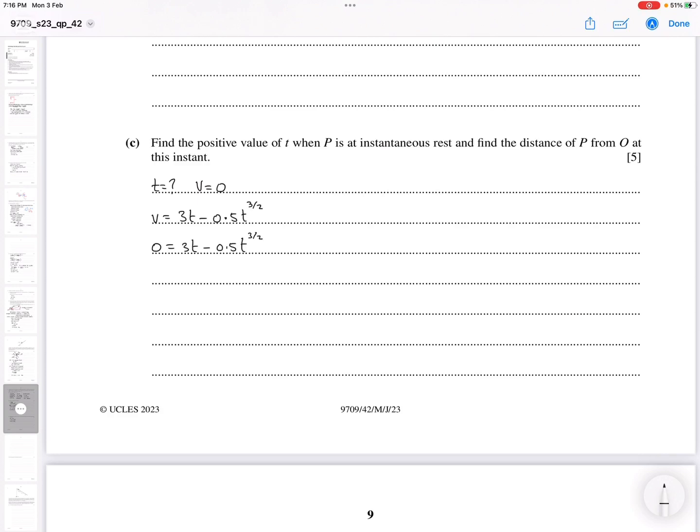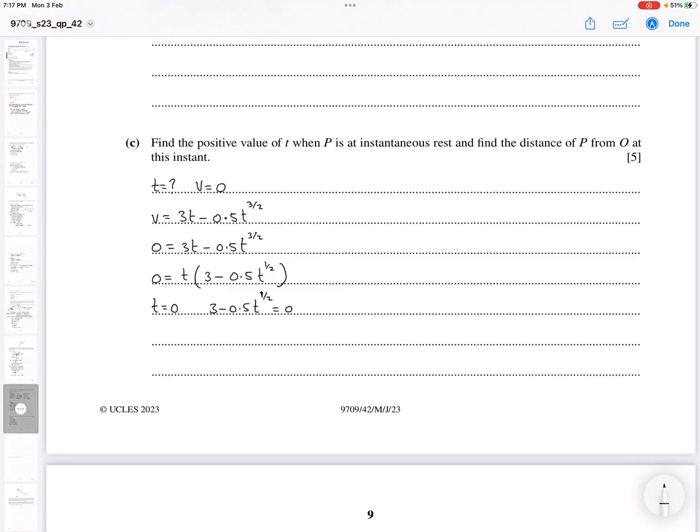Take t as common, so in the bracket you are going to write 3 minus 0.5, and t power 3 by 2 divided by t will give you t power 1 by 2. So one, your t equals 0, and other, your 3 minus 0.5 t power 1 by 2 equals 0.